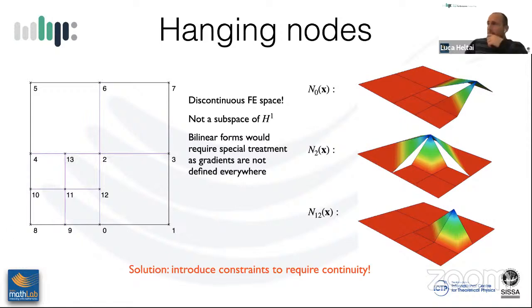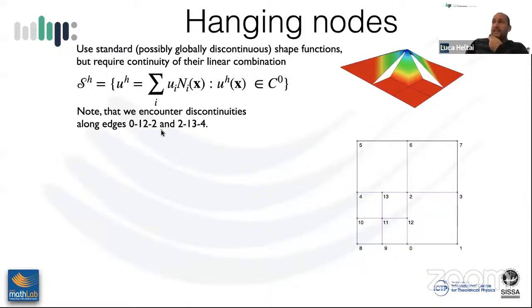Now, of course, the discontinuities are across the edges 0-12-2 and 2-13-4, and you have two possibilities. You either use standard shape functions that require continuity for the linear combinations, and you can make them continuous by enforcing constraints on those degrees of freedom.